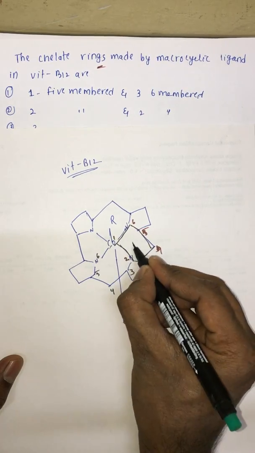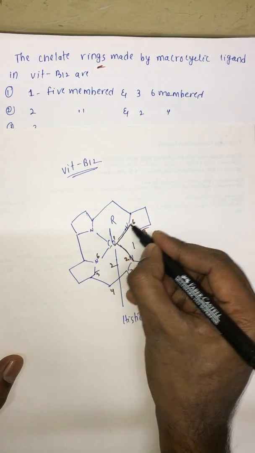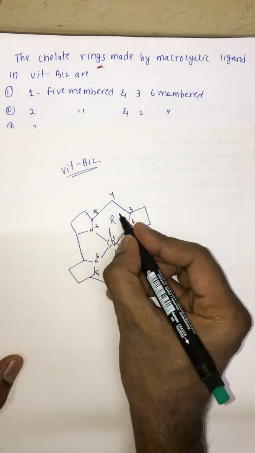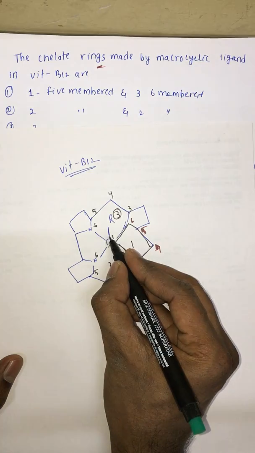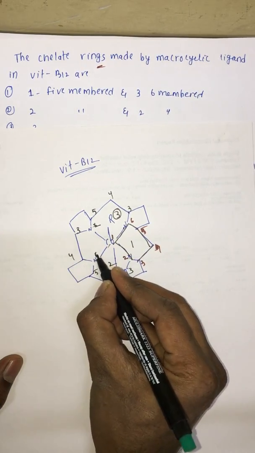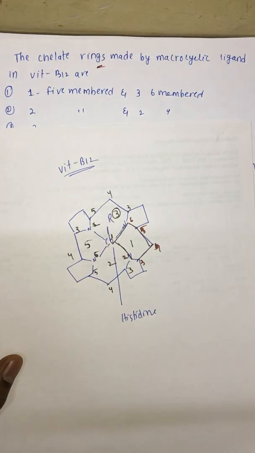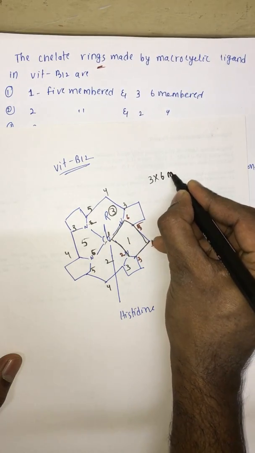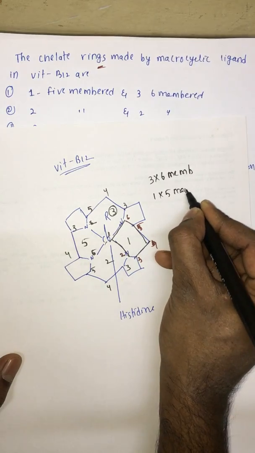So here also is another 6-member ring. Now we'll go this way: 1 2 3 4 5 6. So this is the third 6-member ring. And here 1 2 3 4 5, only one 5-member ring. So we can see 3 six-member rings and one 5-member ring forming here.